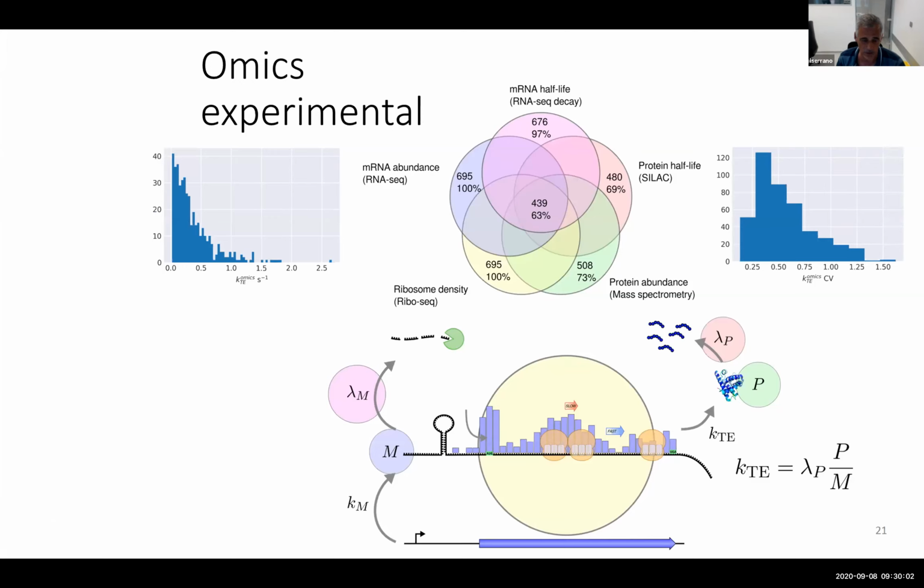We have done ribosome profiling, and we are trying to integrate this in a whole cell model to explain how translation takes place in this bag. I will say that so far, we cannot fully explain translation regulation, even with all these factors. There are some things we are missing.